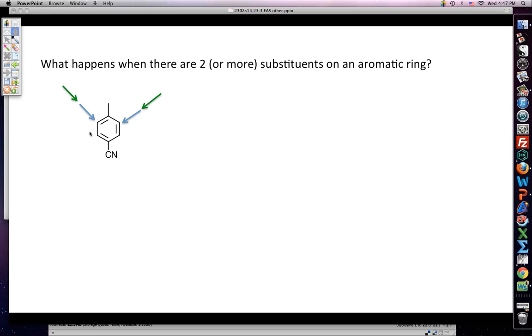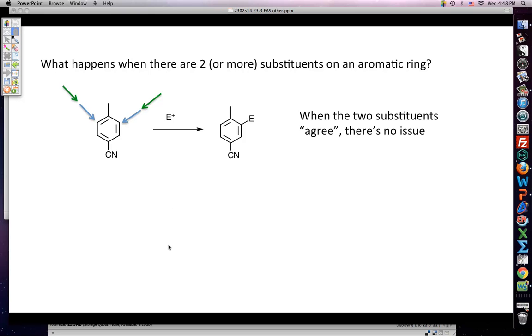The nitrile group, oh, well, that's great. The nitrile group says go there as well. So when I do my electrophilic aromatic substitution reaction, yay, I only get one product. And there's no issue. So when the substituents reinforce one another, it's a happy day.